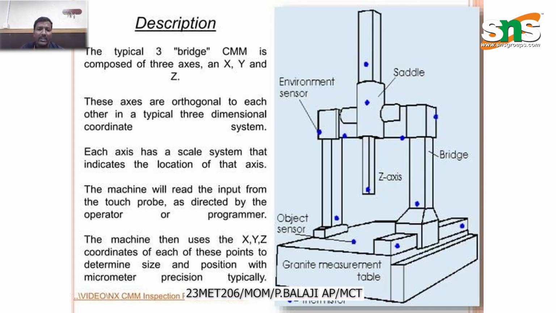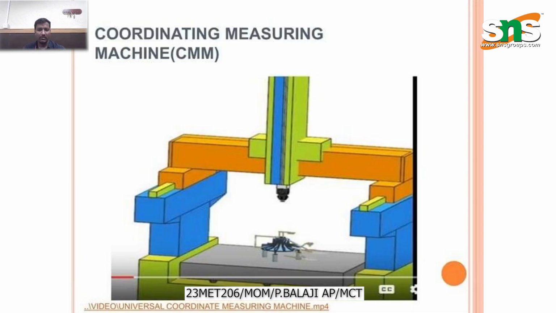On the screen you can see an image of the CMM. We have environment sensors, saddles, and bridges. On the x-axis we have the probe, and on the other axes we have objects to move. Initially we had to control all of those machines using manual controls, but present machines have automation devices available.